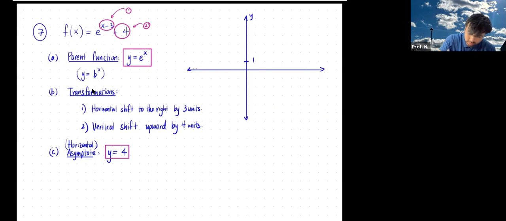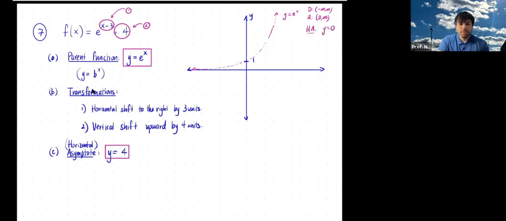It's going to get really close to 0, and then it skyrockets up. So this is y equals e to the x. We know everything about e to the x. We should already know that the domain is all real numbers. The range is from 0 to infinity. And the horizontal asymptote is y equals 0.